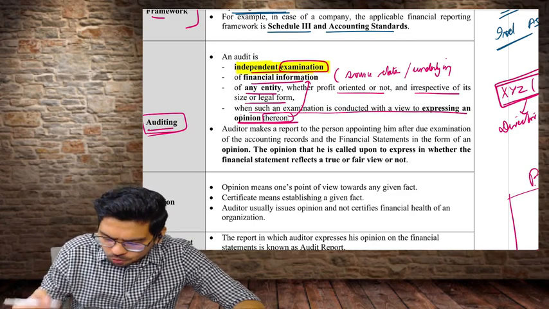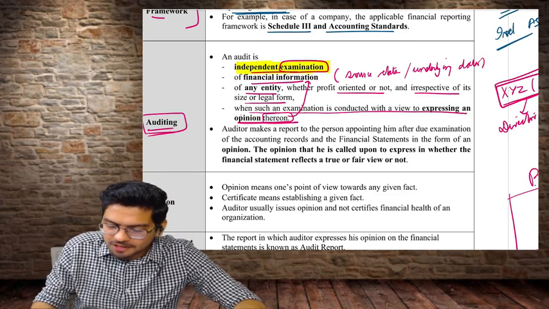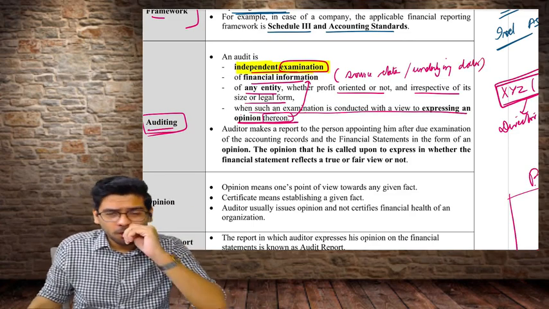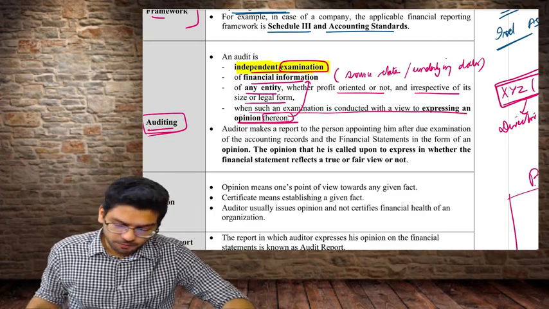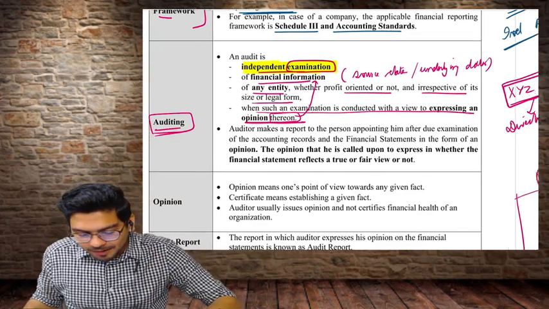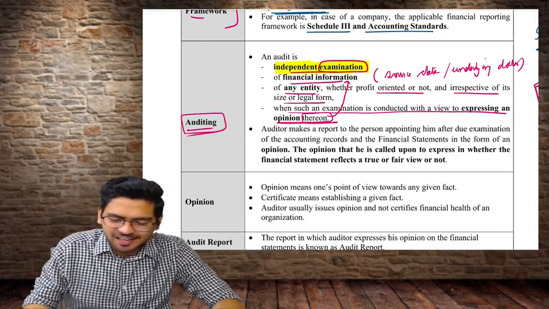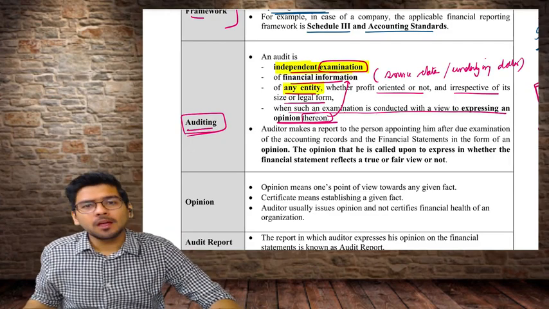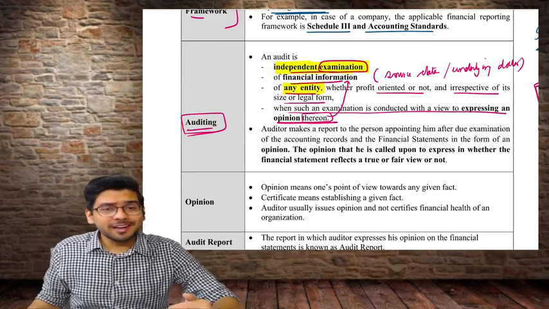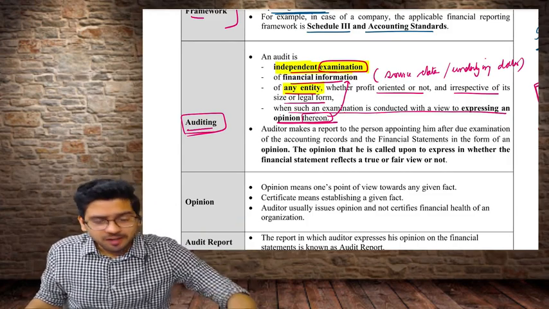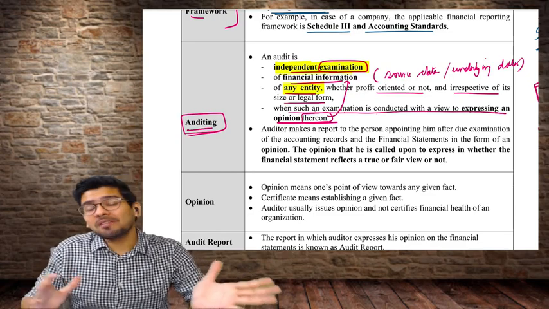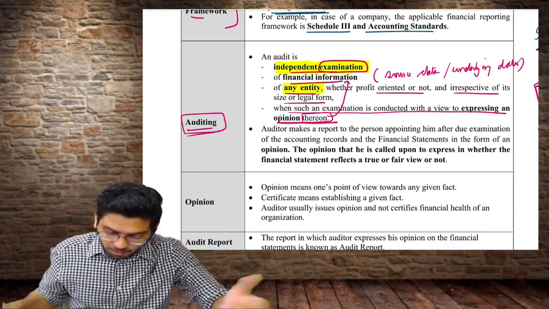So I am going to see the source data, the vouchers, the invoices, the ledgers, everything; all this will be my financial information. So audit is an independent examination of financial information of any entity. It can be a company, a partnership firm, an LLP, a trust, a society, an NPO. Section 8 companies, you know.